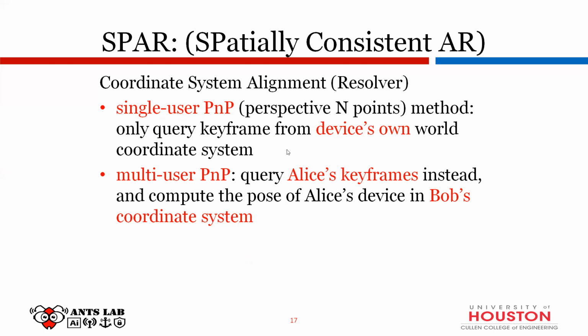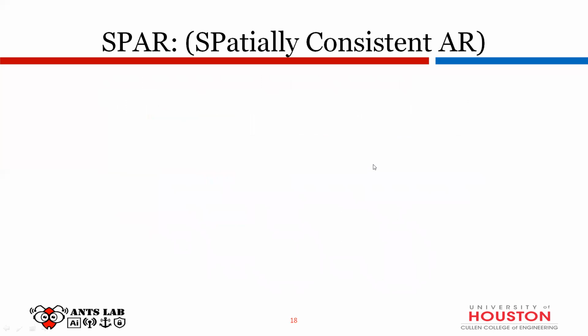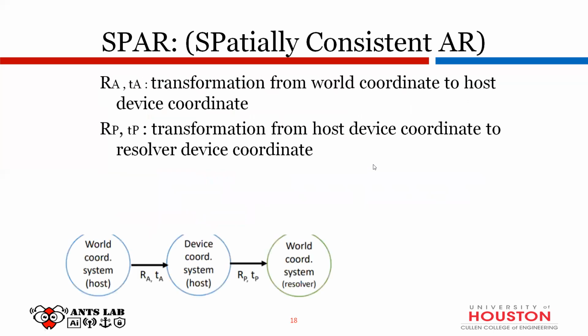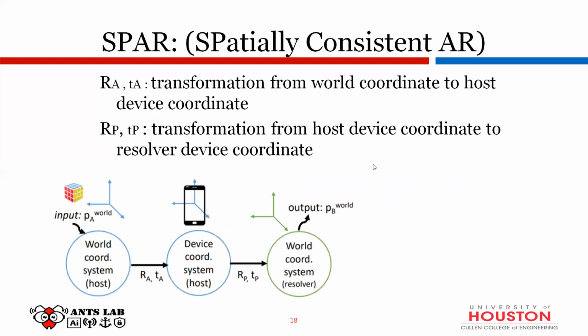But in the multi-user PNP, they query the other user's, Alice's, keyframe instead. I will be talking about this in the next one. As you can see, we just mentioned the RA and TA transformation from world coordinate to host device coordinates.